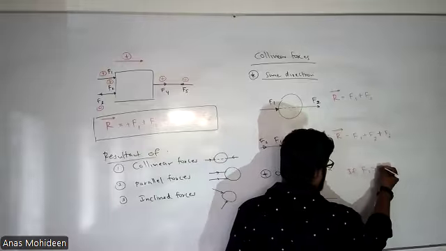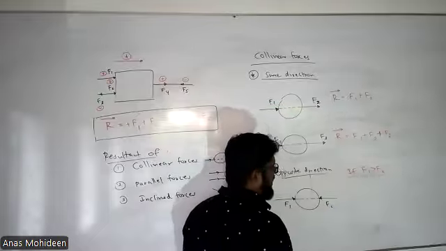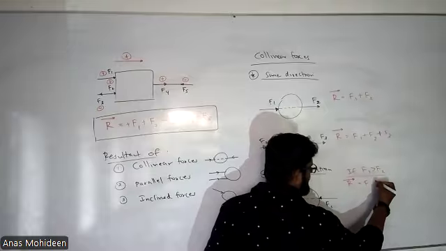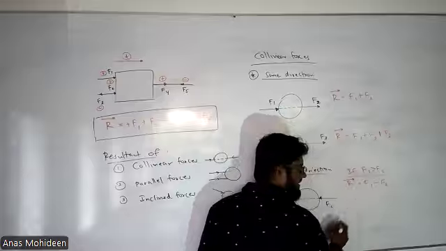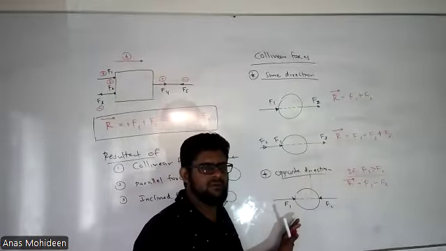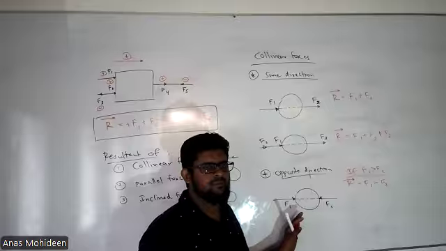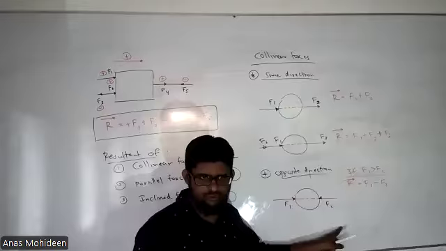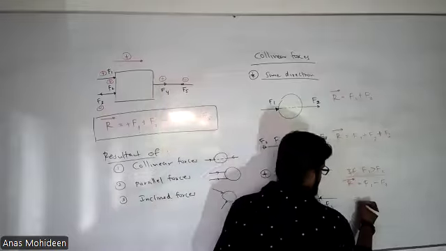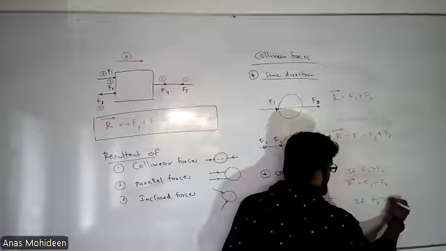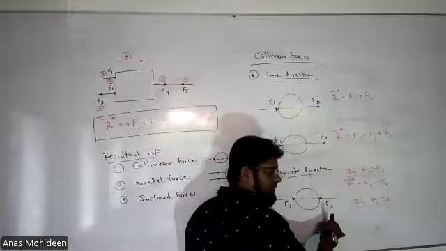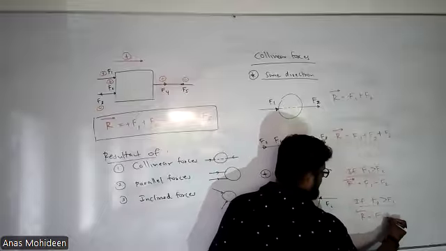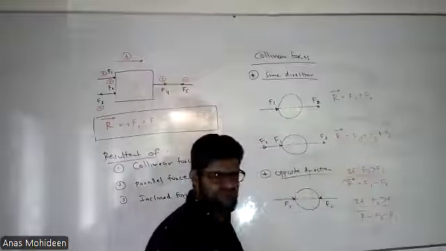If F1 is greater than F2, how do I take the resultant? Resultant should be in the direction of F1 then. So F1 should be plus, F2 should be minus. Look here. If F1 is greater than F2, F1 should be plus, F2 should be minus. And if F2 is greater than F1, F2 should be plus, F1 should be minus. So I take the direction of F2: F2 minus F1.